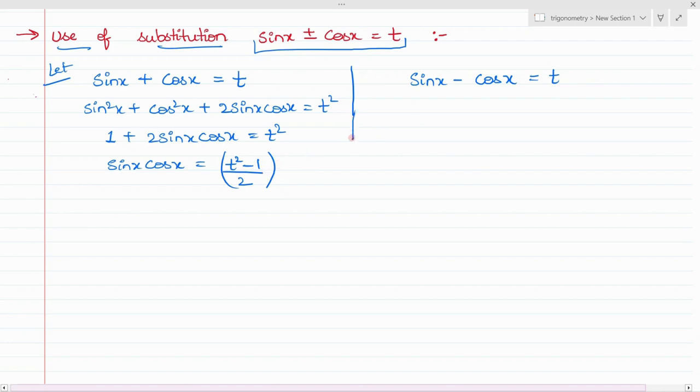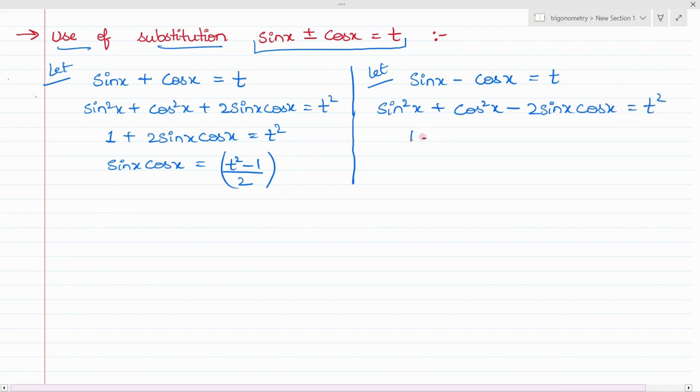Similarly, if you assume sin x minus cos x equal to t, when you square both sides, it will be sin square x plus cos square x minus 2 sin x cos x equal to t square.